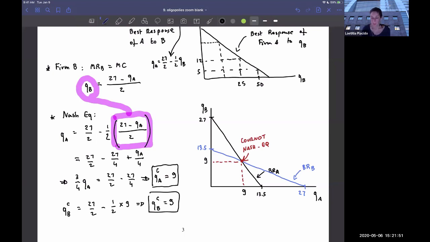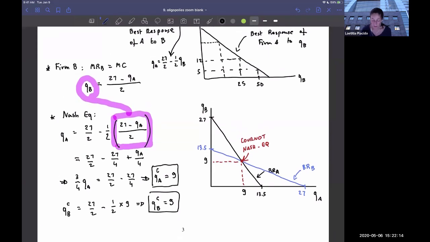Exactly, because it's symmetric. Once you get the quantity for one firm, you don't need to calculate the quantity for the other firm. It's going to be the same as long as they both have the same marginal cost. So we have our Cournot-Nash equilibrium.